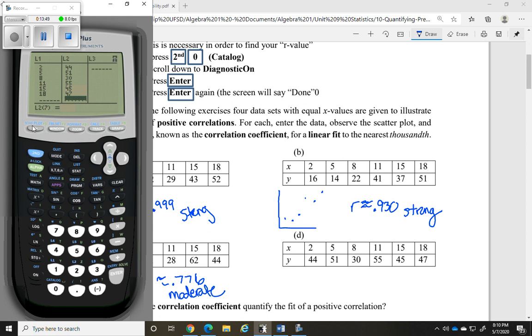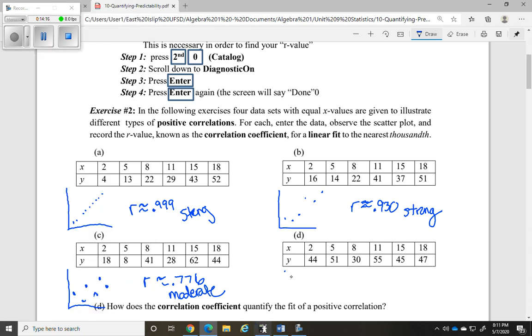And let's go look at that scatter plot by doing a stat plot. And zoom 9. They are pretty spread out. I don't know. It's like really pretty weak. I don't even know if I would consider it positive. It might be considered a no correlation.